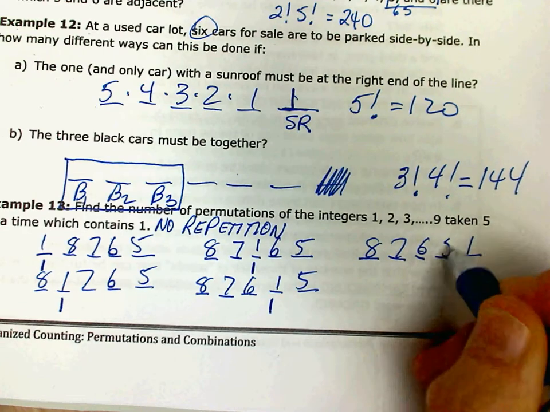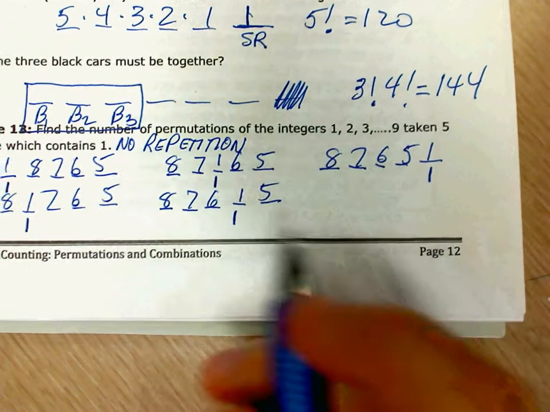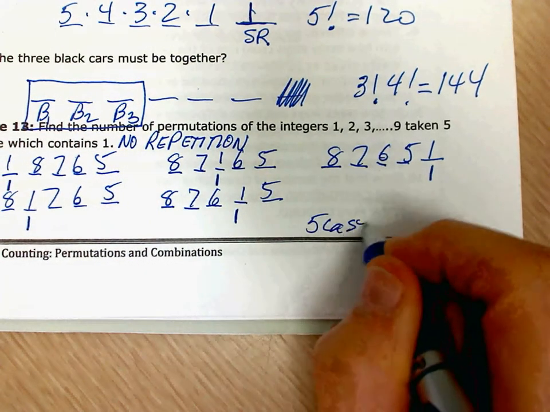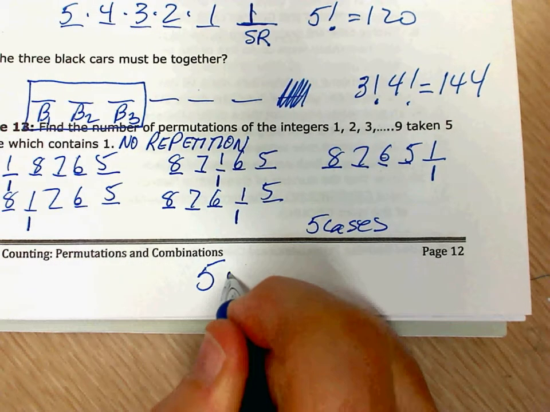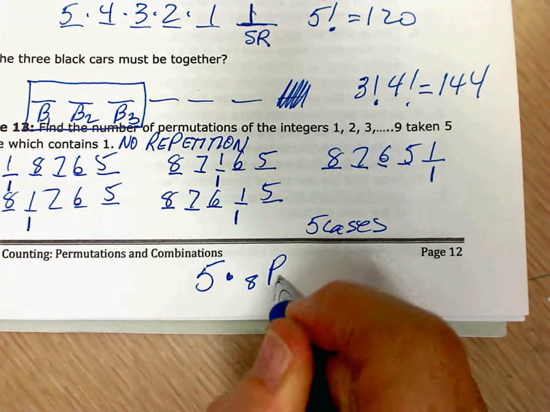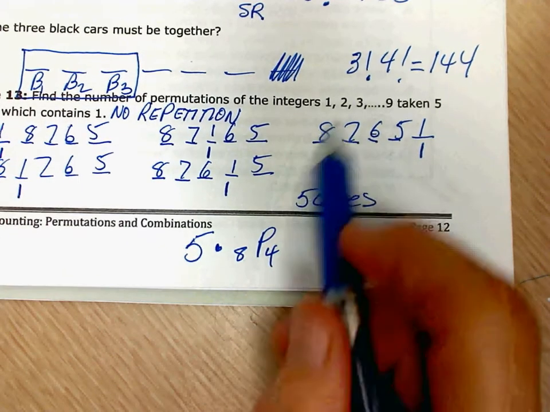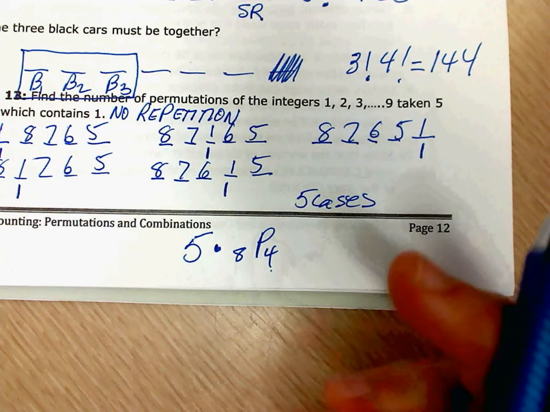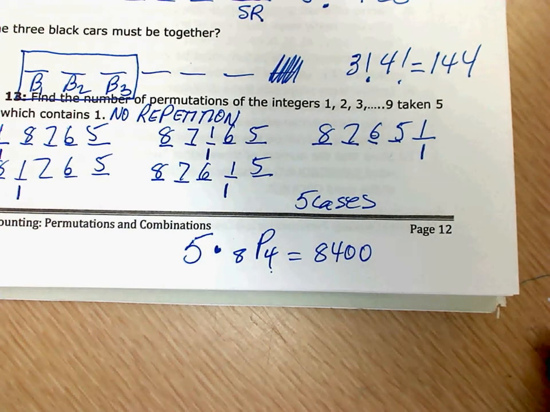So in other words, there's 5 cases where there could be a 1 in this number. So you could write it as 5 times 8P4. Another way of writing that. Out of the remaining 8, you're arranging 4, and you should get 8,400. Good?